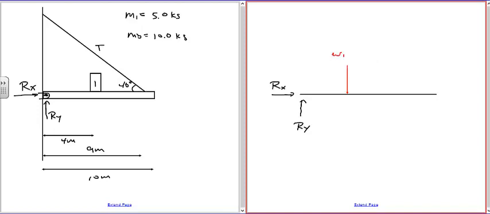And then, one meter from there, we're going to have the weight of the beam. That's because the length of the beam is 10 meters, so half the length is 5 meters. So the middle of the beam would be here. And this thing's going to be slightly to the left. And then we have the tension, which is going like this. Now, the part that's sticking out here, we don't have to worry about. That's all being lumped into the weight of the beam.